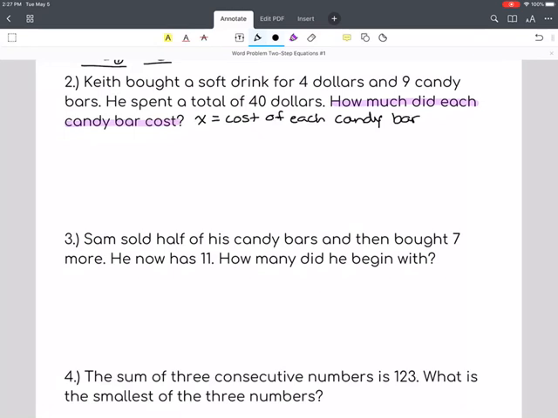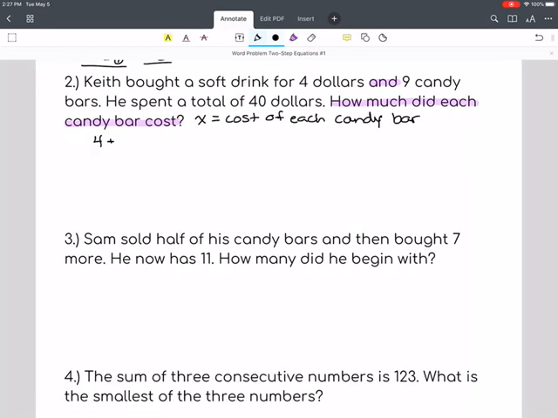Okay, so I see here that he bought a soft drink for $4. One soft drink, $4. That has nothing to do with candy bars, so I don't put the variable with that term, so I just leave it as a constant 4. And then we have this little word and. So not only did he do a soft drink, he also bought candy bars. So in that case, that and represents plus.